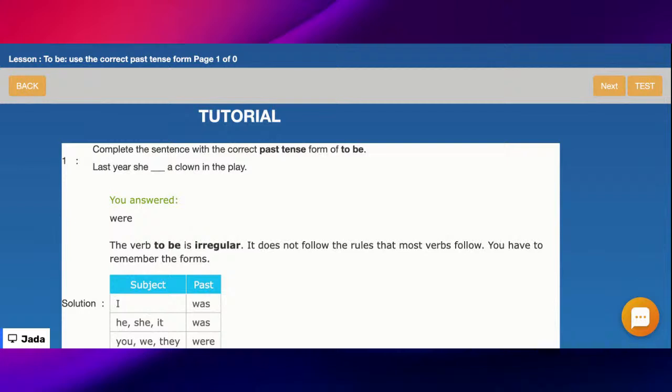So, any questions, guys, before we move on to this one? Let me know on the chat, okay?